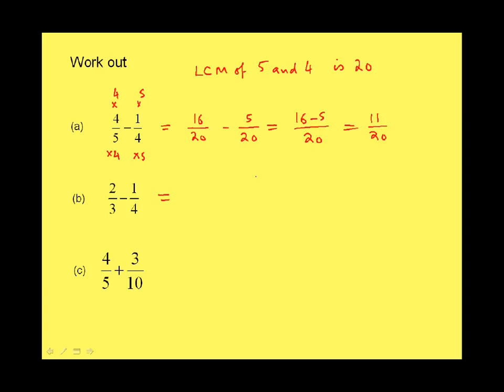Here the LCM of 3 and 4 is 12. So we have to change both fractions to be out of 12, times by 4 and times by 3. Same thing on the top. So that's 16, that's 3.